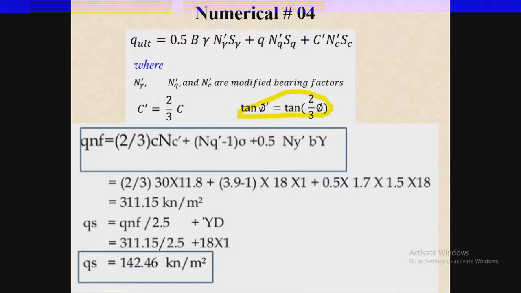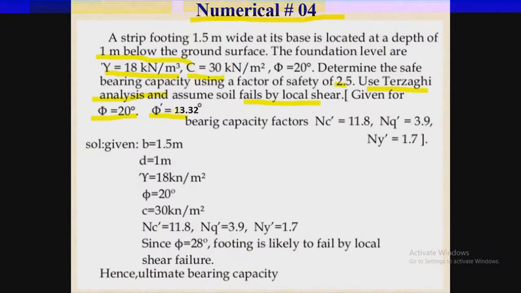So solving this equation, we will get the value of phi prime equal to 13.32 degree. So we have modified the soil friction angle. Originally it was 20 degree, we have modified it to 13.32, and the bearing capacity factors based on the modified soil friction angle are NC prime 11.8, NQ prime 3.9, N gamma prime 1.7.